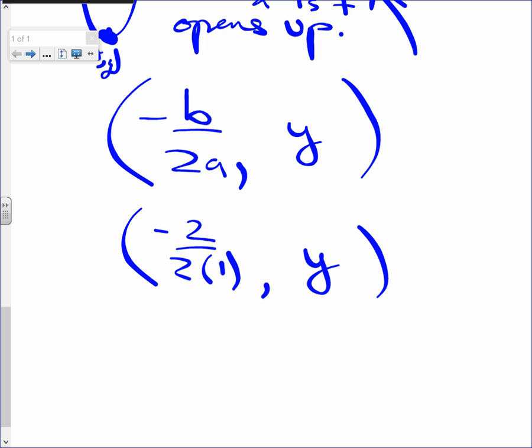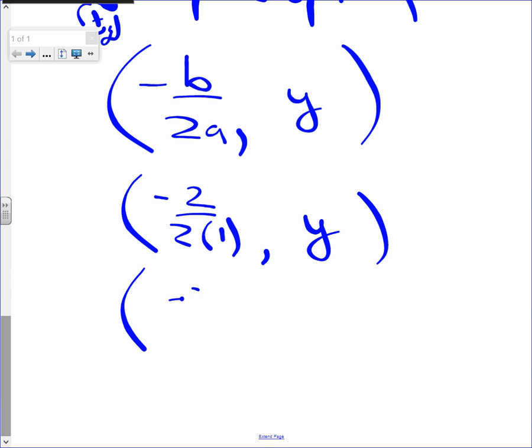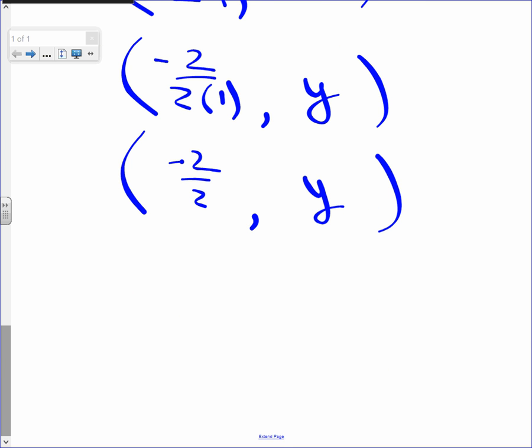So far, so good. Negative 2 divided by 2. What is negative 2 divided by 2? Negative 1, comma, y.